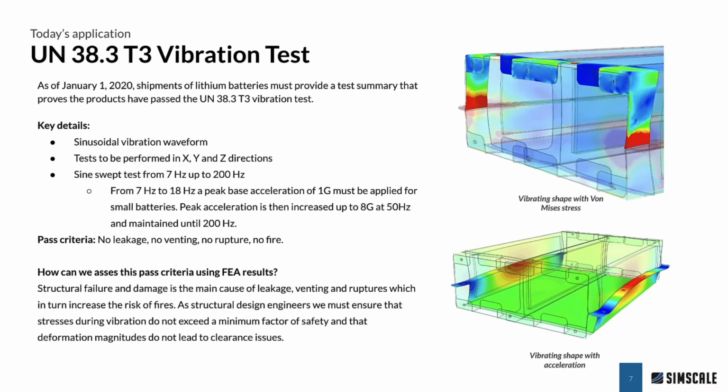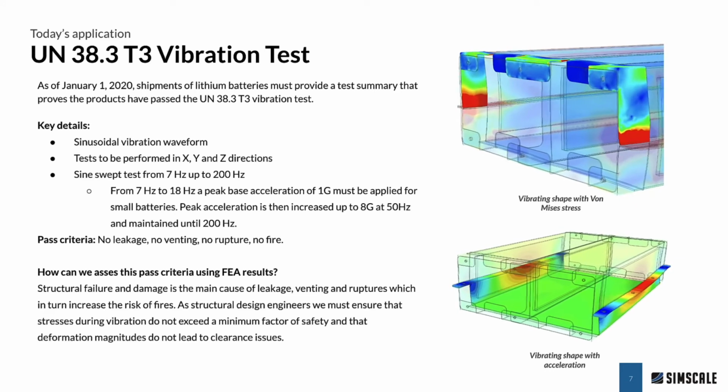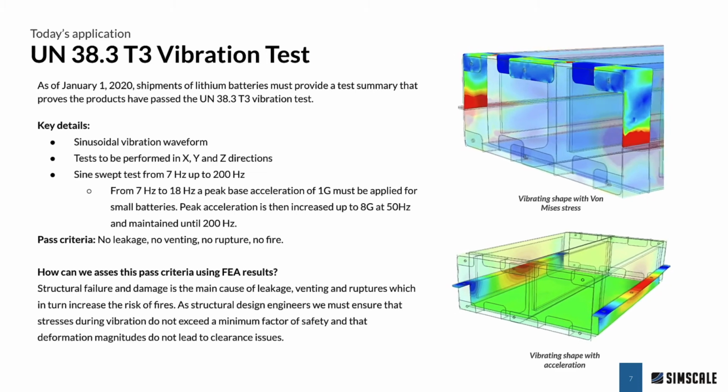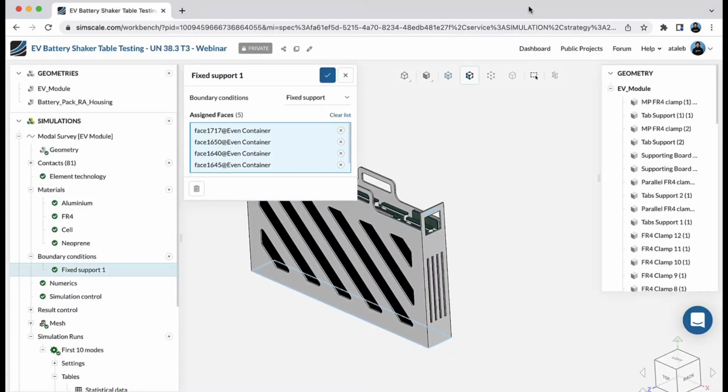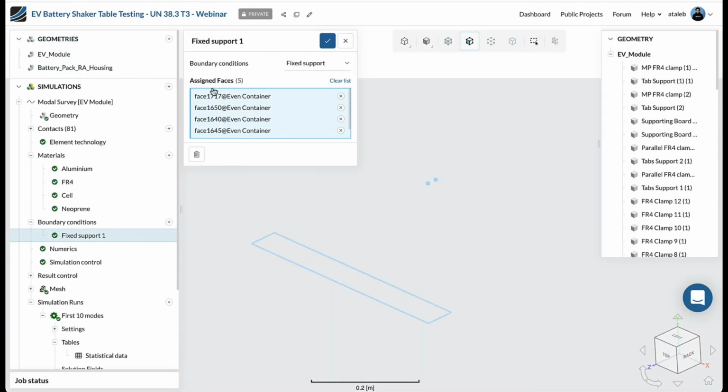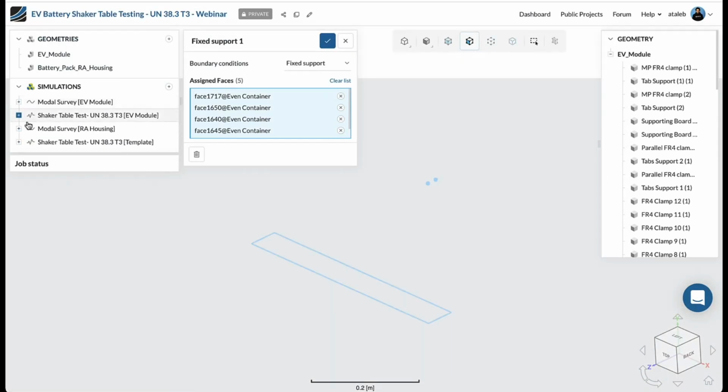Right, so let's jump into the platform where I can show you how we can carry out such a simulation. Okay, so you should see now my browser window. Yeah, so this is my Chrome browser. And what you see in the browser is SimScale. SimScale is a cloud-native, web-based simulation platform. So everything you do in SimScale is in the cloud.